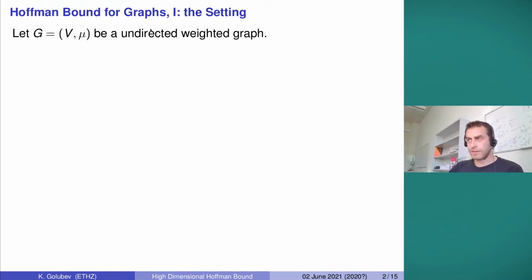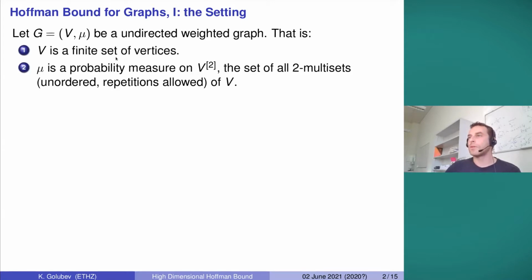First, what is a graph? Usually it would be vertices, some of them connected with edges. In our case, it will be an undirected weighted graph, meaning we have a finite set of vertices V, and we have a probability distribution mu on undirected edges, where loops are allowed.